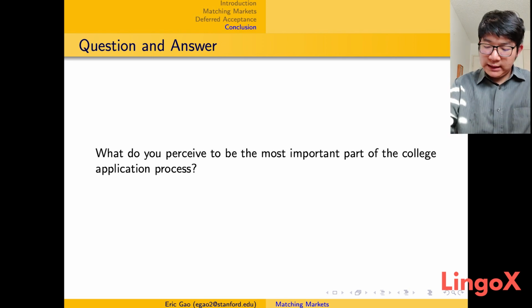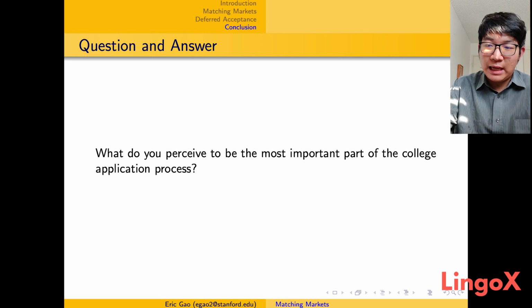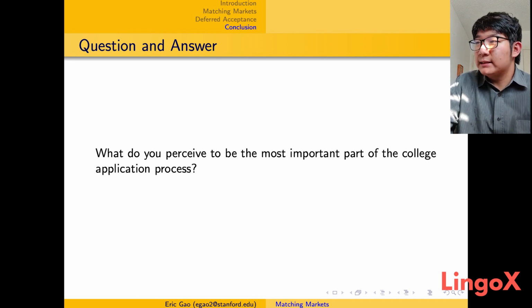Okay, what do I perceive to be the most important part of the college application process? I think that a lot of students get really fixated on the idea of getting into a particular college, because it has a very nice sounding name, or because it has a high ranking.